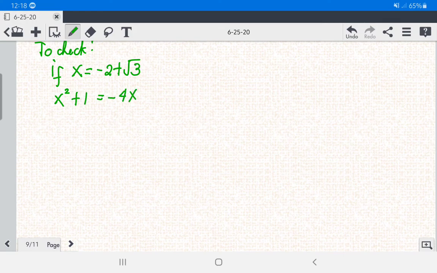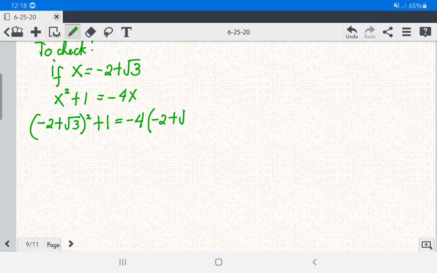So the value of x here is negative 2 plus square root of 3. You substitute, we have negative 2 plus square root of 3 squared plus 1 equals negative 4 times negative 2 plus square root of 3.